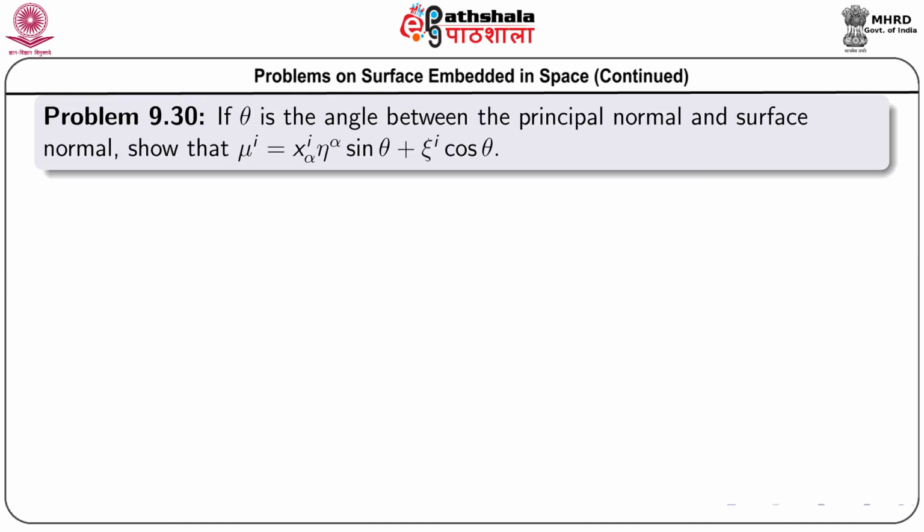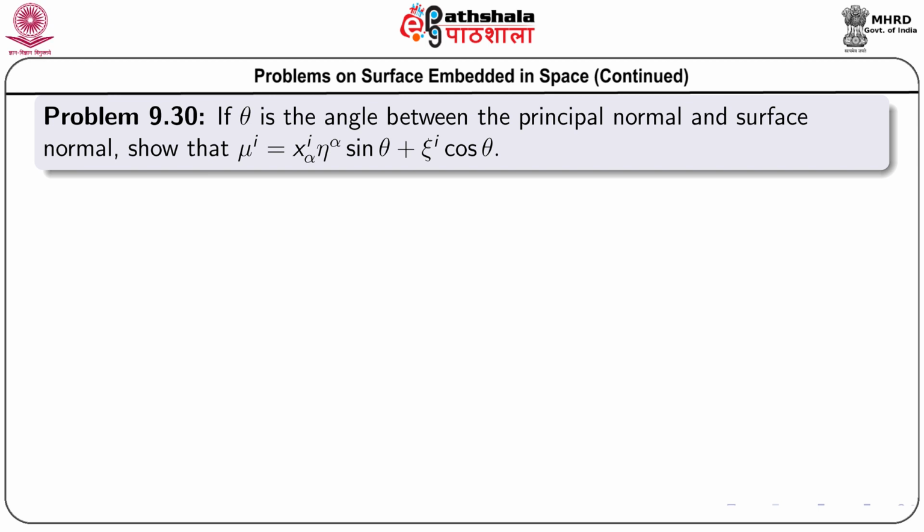Now, in the next problem, we find that if theta is the angle between the principal normal and the surface normal, then we have this relation: mu I equals x I alpha eta alpha sin theta plus xi I cos theta.